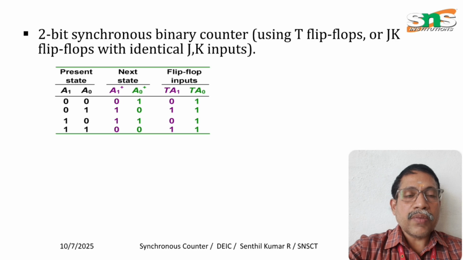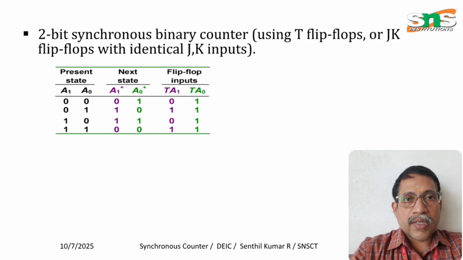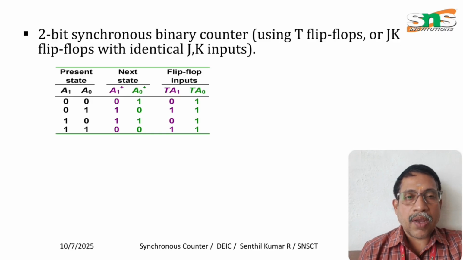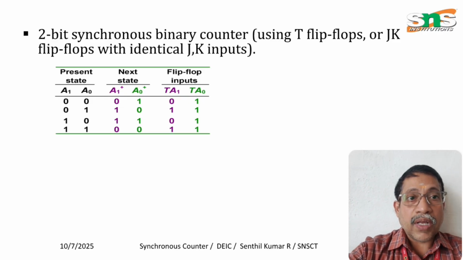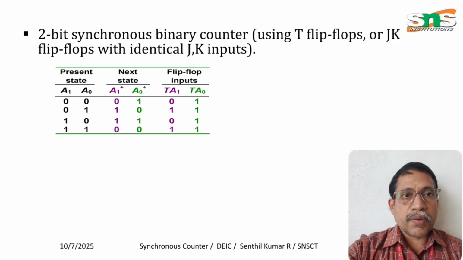Therefore, from the truth table of the T flip-flop, it is extracted that for TA1, column-wise, it is 0, 1, 0, 1. And for TA0, column-wise, it is 1, 1, 1, 1. Now, since the outputs are there, we have to derive the expression with the help of a K-map.